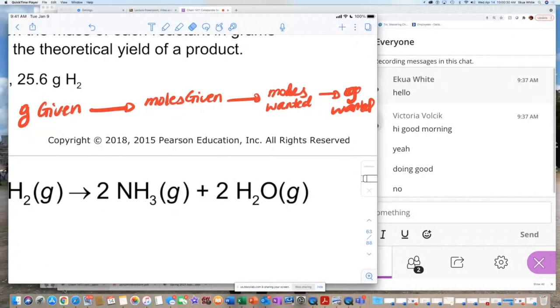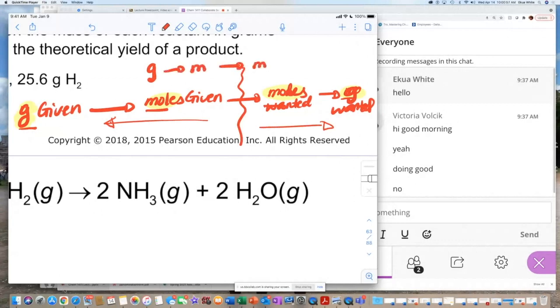So the pattern I see here is G, MOL, MOL, G. So like a palindrome, right? The left side is sort of a mirror image of the right side. You go from G to M to M to G.